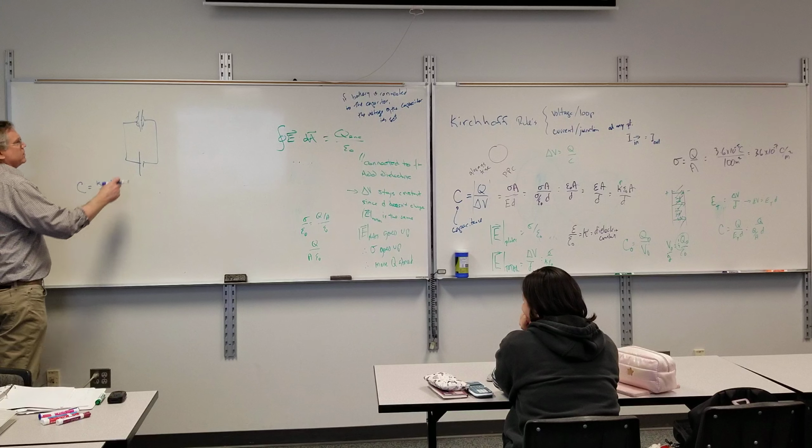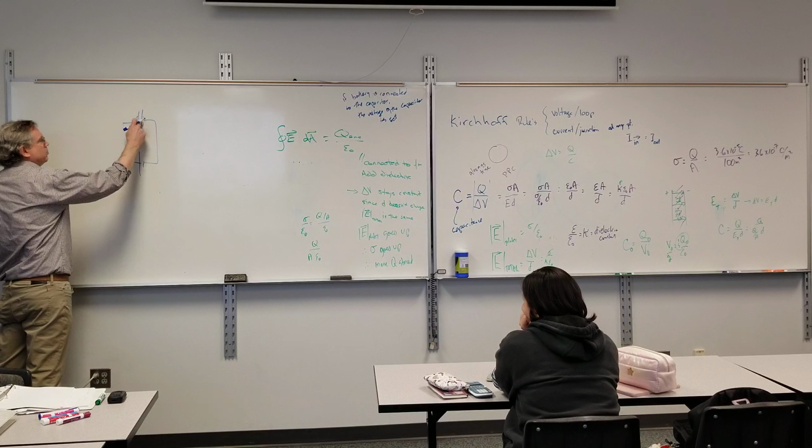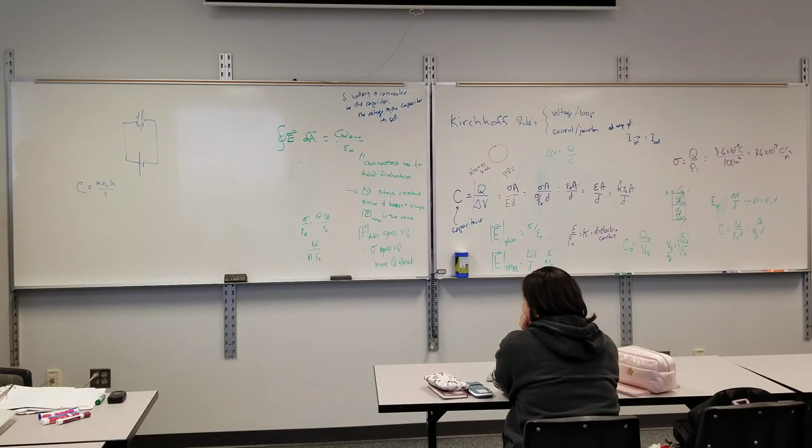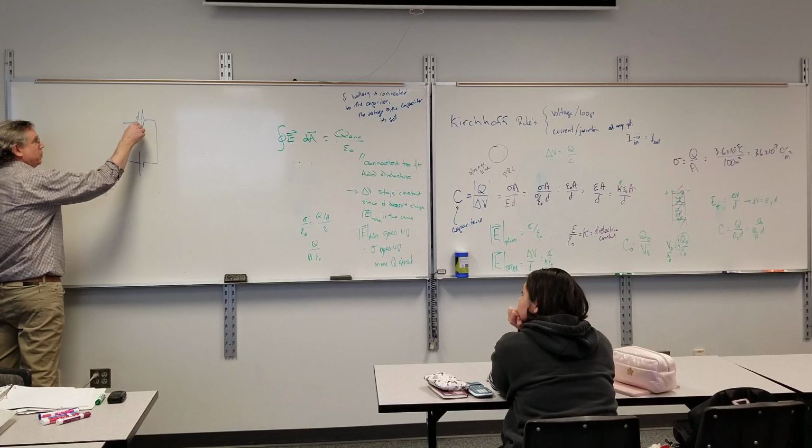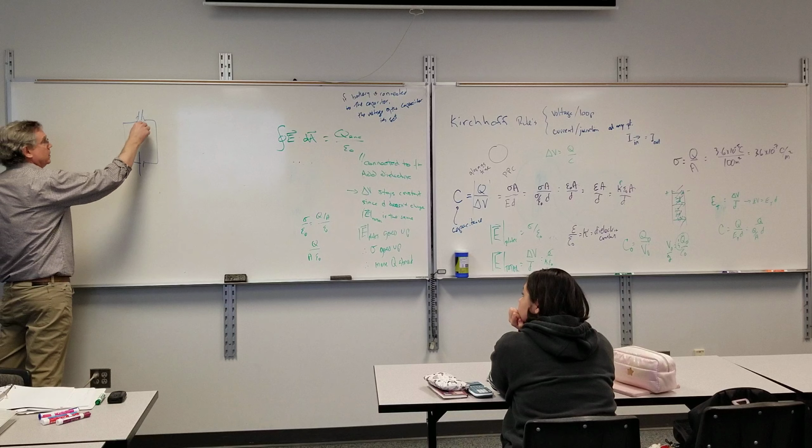Then what I'm gonna do is split the plates, a small little cut in it. We assume that there's nothing flowing between them, no sparking, etc. So the plates are now smaller in size.